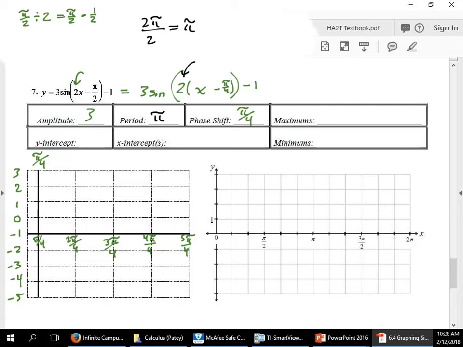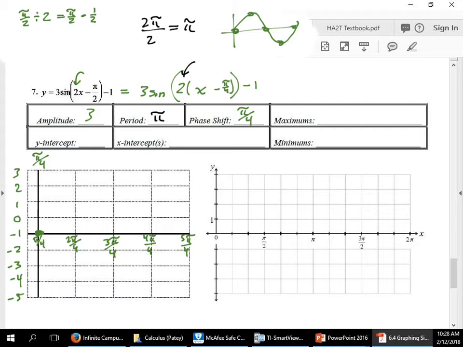Okay, so now we need to know our pattern, a regular pattern of sine. Do you guys remember the pattern of sine? Midline, max, midline, min, midline. So I'm going to start at my midline. And then from this x value, I have to do my amplitude to the max.